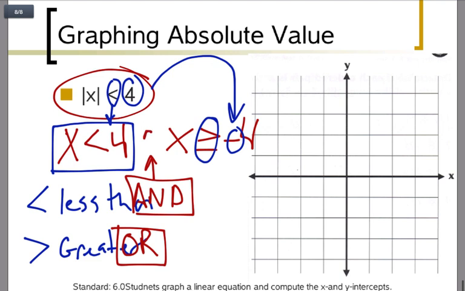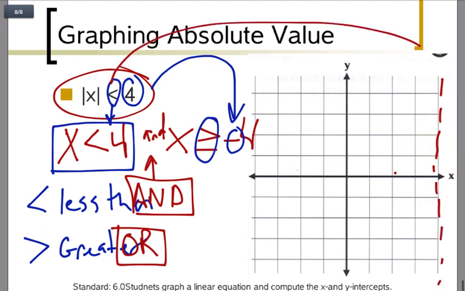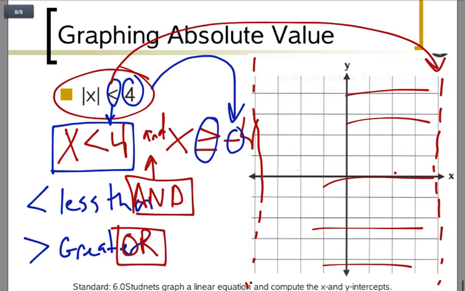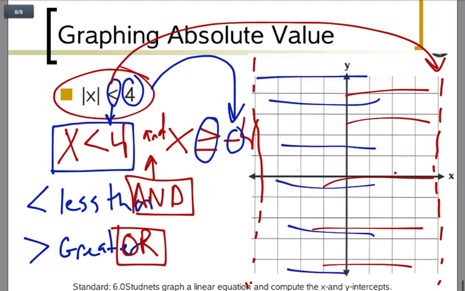Here we have an and, because it's less than originally. So what that means is when I plot it, I go to 4, 1, 2, 3, 4, draw my dashed line this time, because this is not equal to, and then I go to negative 4, draw my dashed line, and and means I shade below 4, and above the negative 4, and the overlap is everything that's in the middle here. Okay?